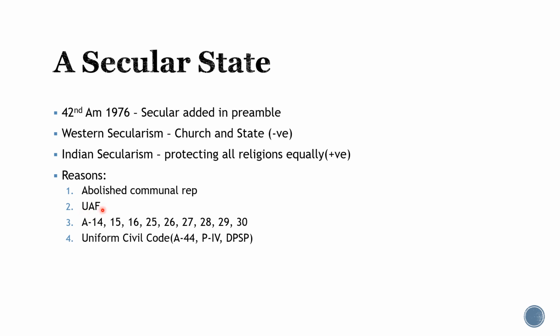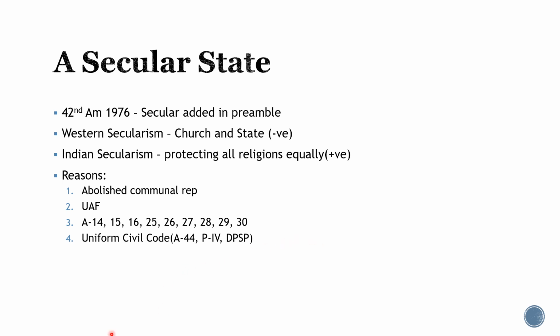It used to be 21. Then we have the fundamental rights articles. You can take a screenshot. We'll talk more about this when we talk about the fundamental rights. Then we have the Uniform Civil Code, which means that the rules apply equally to all of the religions. We'll talk more about these when we go through these topics separately.